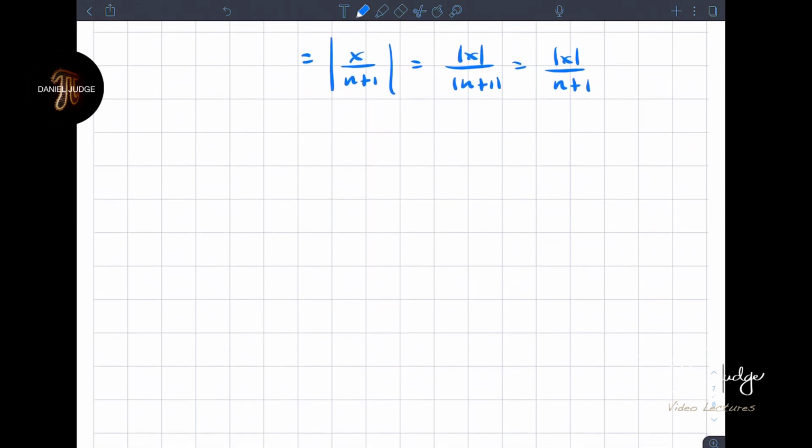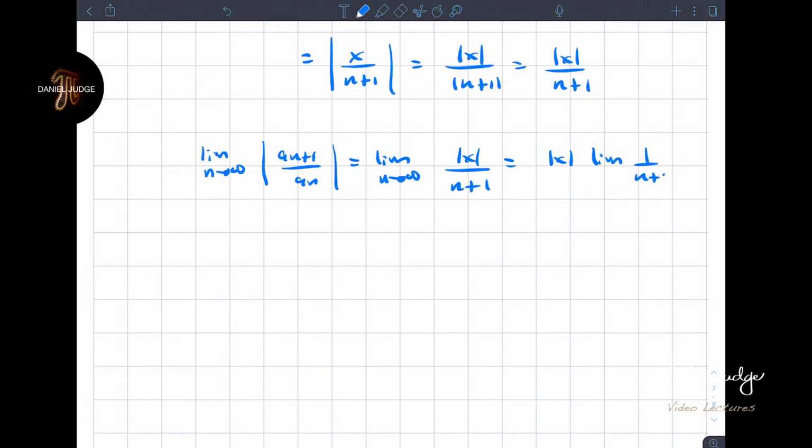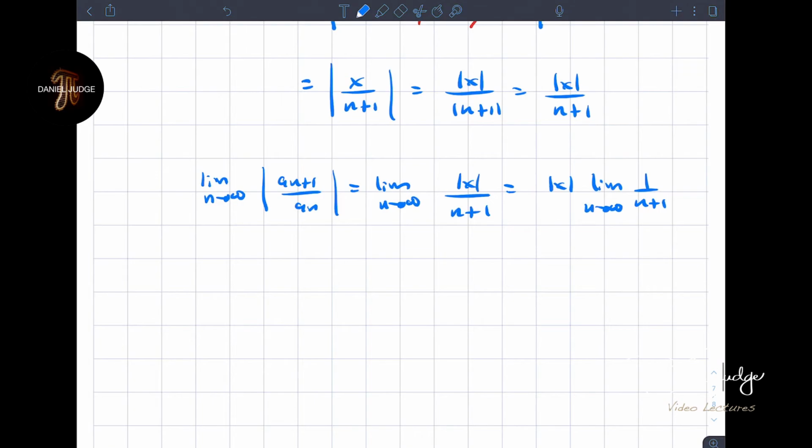So we're going to find the limit now as n gets big of the ratio, which is the limit of absolute value of x over n plus 1. And again, you pull out the absolute value of x. So you're looking at the limit here. Now you know if x is 0, we get convergence. It'll be trivial. So we assume the absolute value of x is not 0.